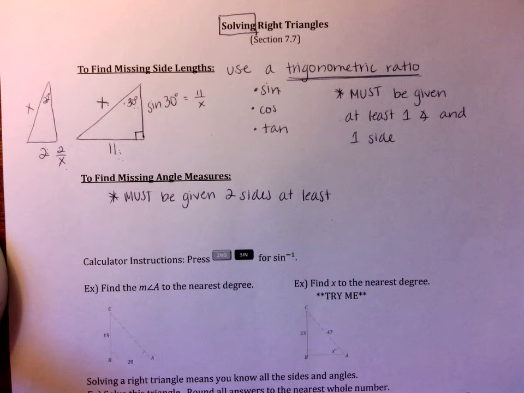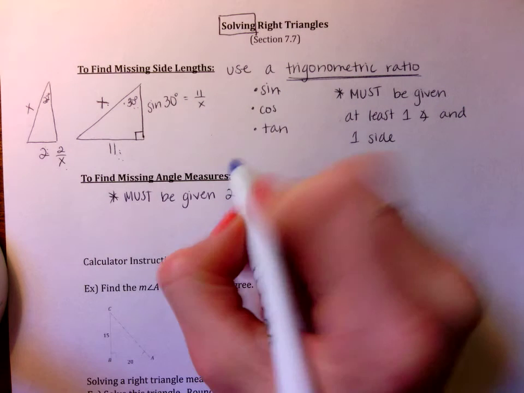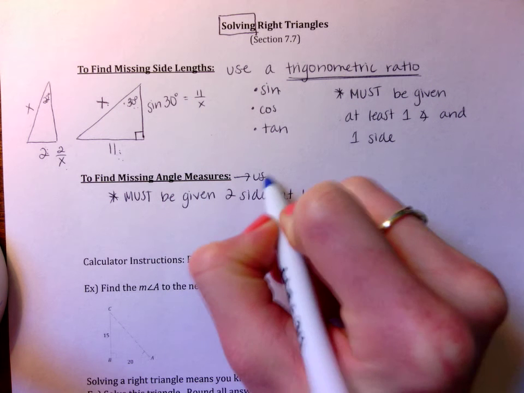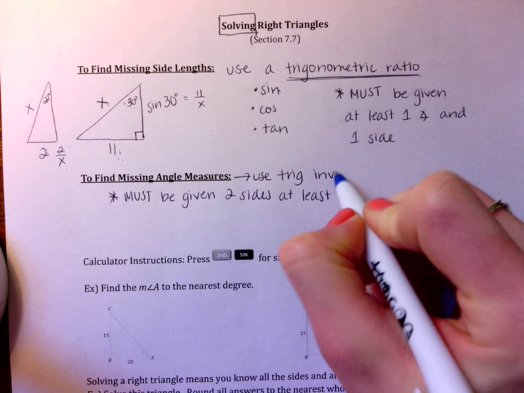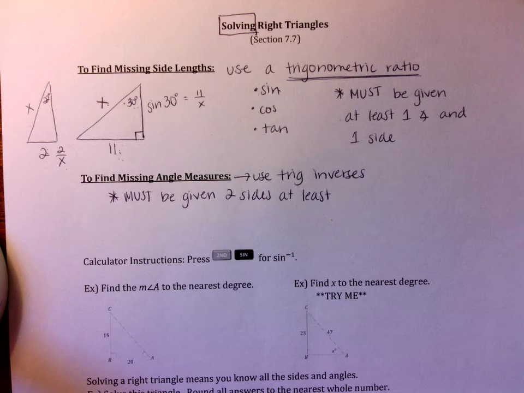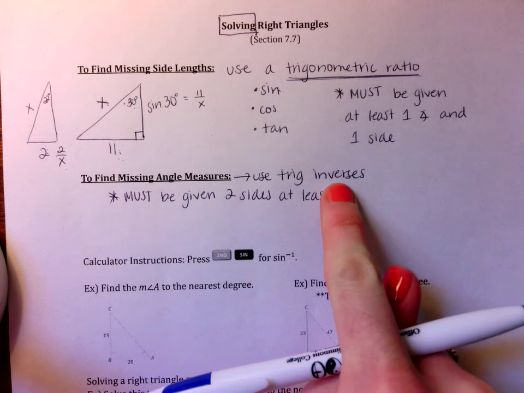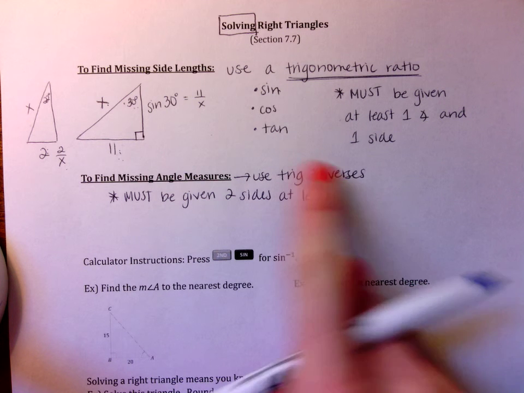And what we can do to find angle measures is use what we call trig inverses. So this is another type of math application that will kind of do the reverse.